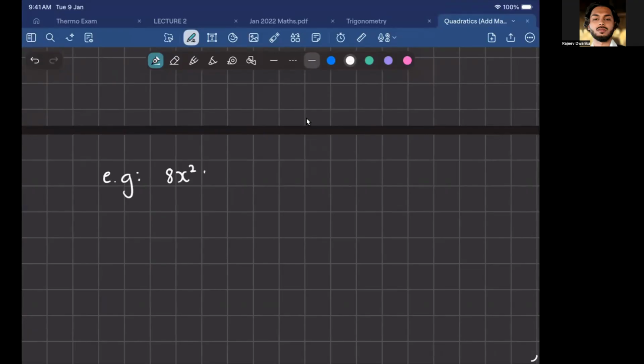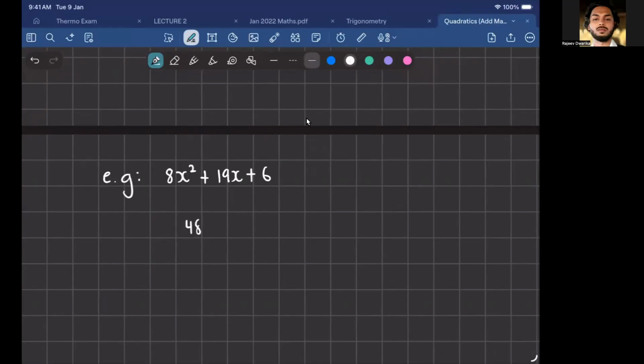8x squared plus 19x plus 6. What's the first step? Okay, first you're thinking 8 times 6, so 48.